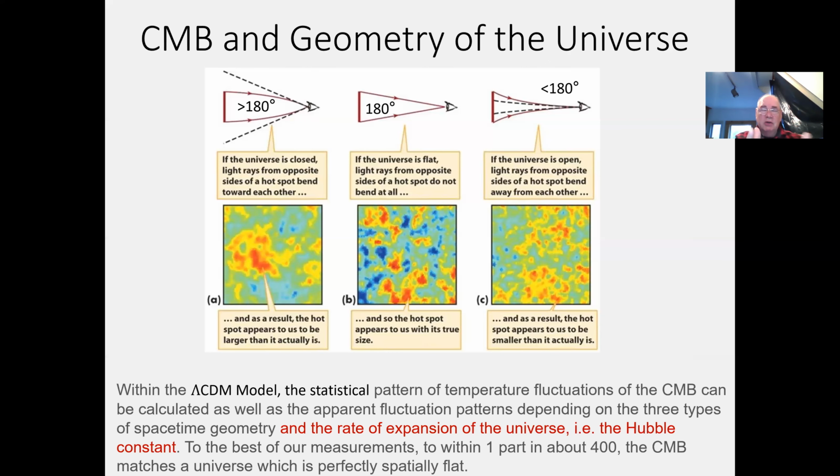You can measure what they are supposed to be. The third side is us, our eye, our telescope. And we have a very, very large triangle in the sky. And we can measure the size of that triangle, the angles of that triangle, and see if it's less than 180 degrees, greater than 180 degrees, or equal to 180 degrees. And we can do all those measurements.